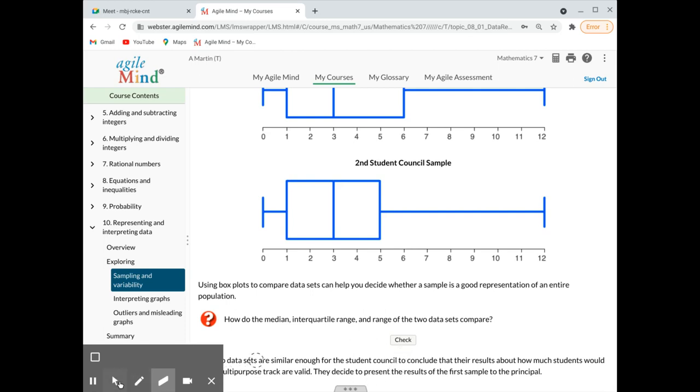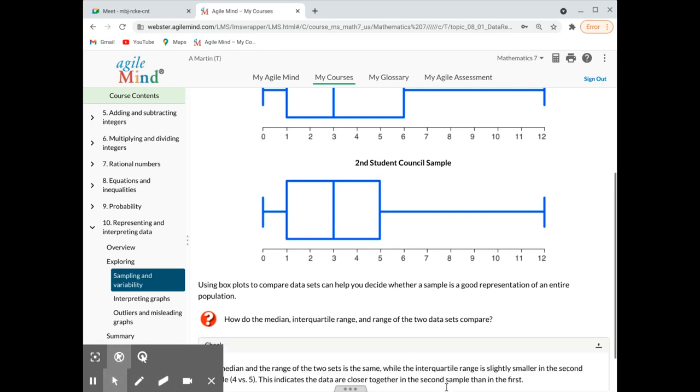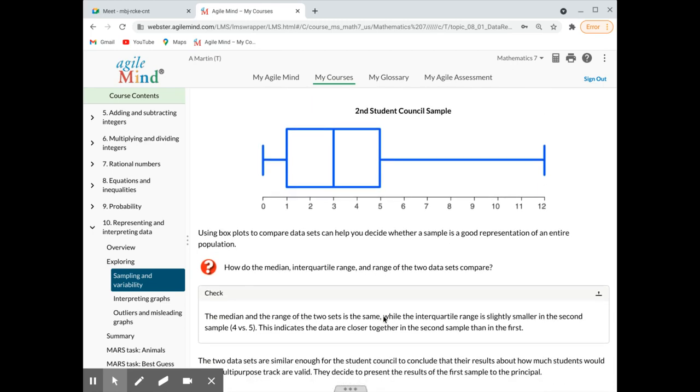Correct. All right. So if you would, Rachel, would you read this, please? This is what our answer should be for number 2 in our workbook. The median and the range of the two sets is the same, while the interquartile range is slightly smaller in the second sample, 4 versus 5.